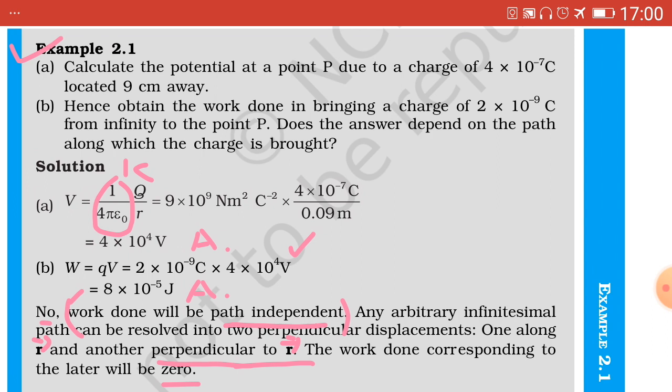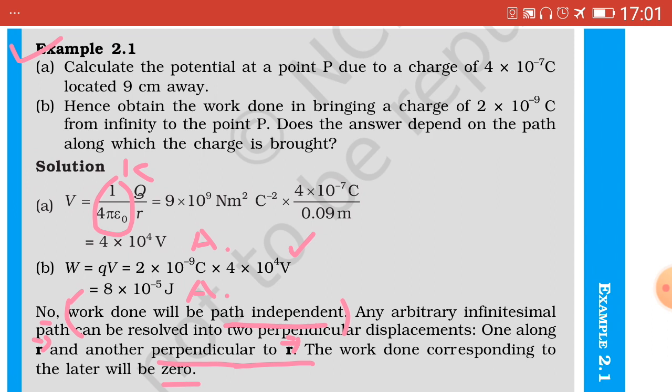Now in solution B part, we first calculate the work done, W equal to QV. Here small q is written; in the A part, capital Q was written just to distinguish.